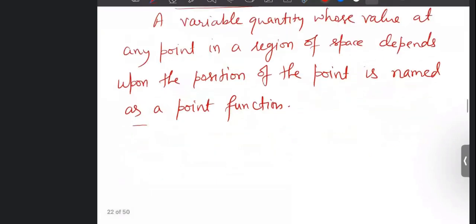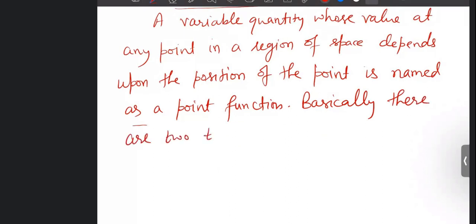There are basically two types of point function.